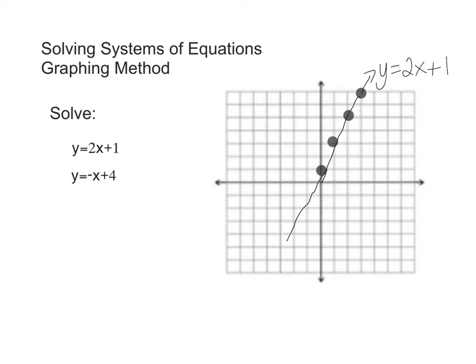It's kind of squiggly when I draw it on here, but that's what the line y equals 2x plus 1 looks like. And then we're going to do the same thing with the other line, y equals negative x plus 4. So for this one, start at 4, and the slope is negative 1, so we'll go down 1 and to the right 1. And we do that a bunch of times, and we end up with this line.